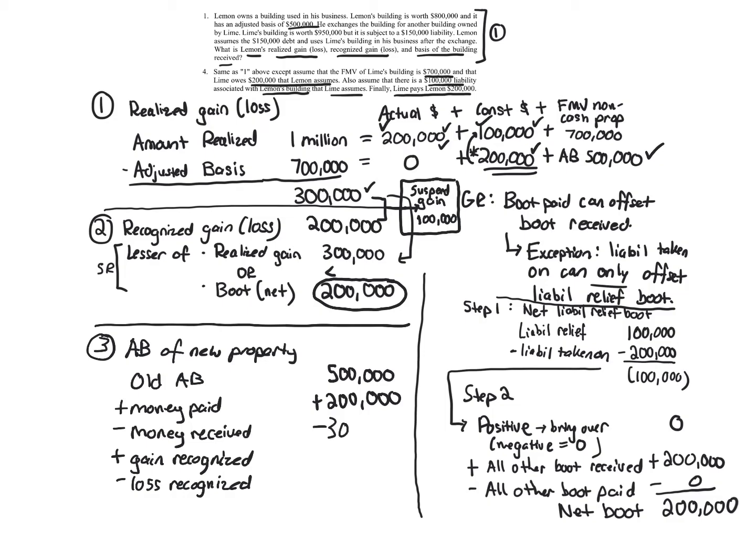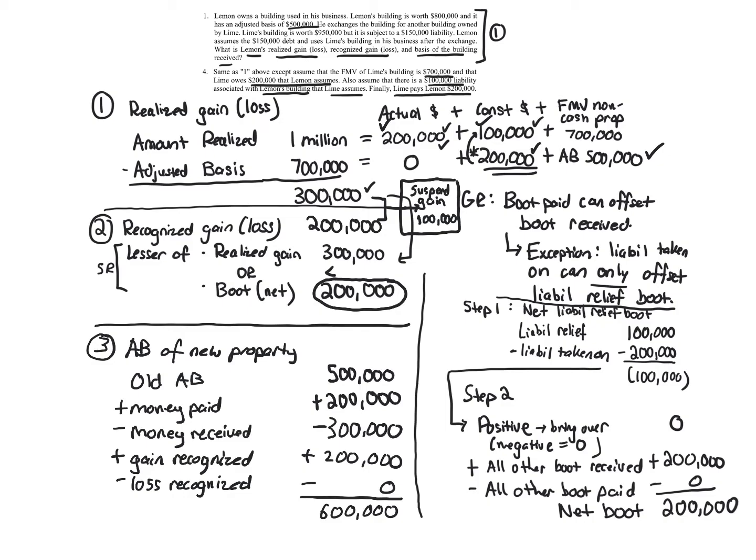That gives us $300,000. Plus gain recognized. We recognized $200,000 of gain. No loss recognized. If we calculate this, 500,000 plus 200,000 is 700,000, minus 300,000 is 400,000, plus 200,000 is $600,000. $600,000 is the new basis.